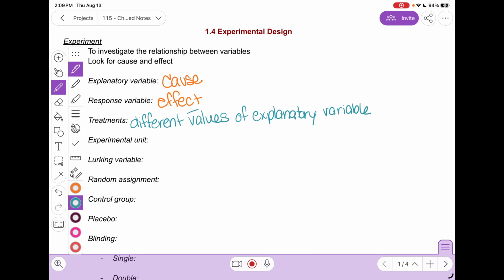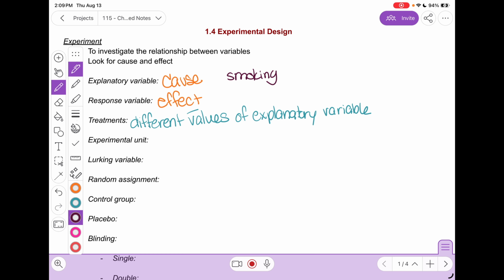So if I'm doing a study on does smoking cause cancer? The explanatory variable would be smoking.